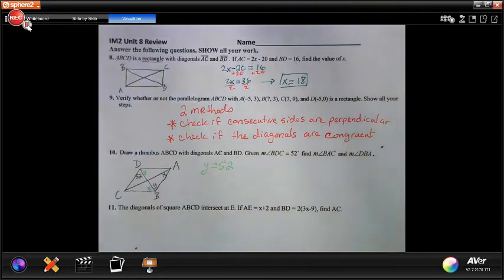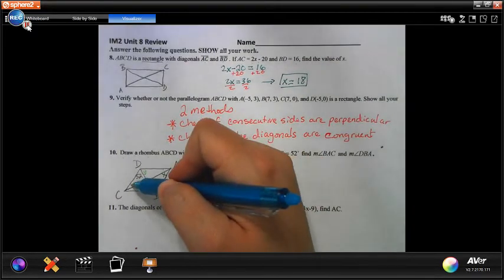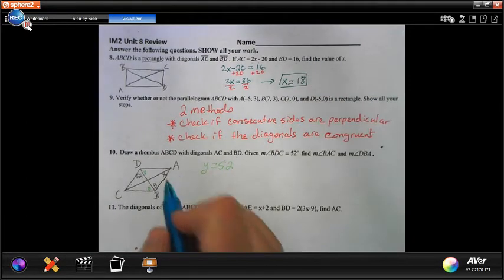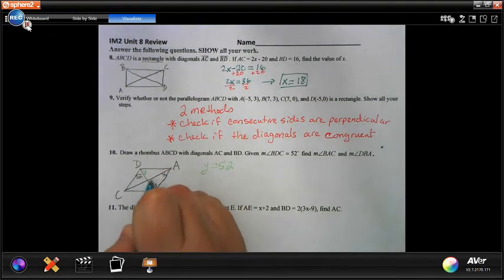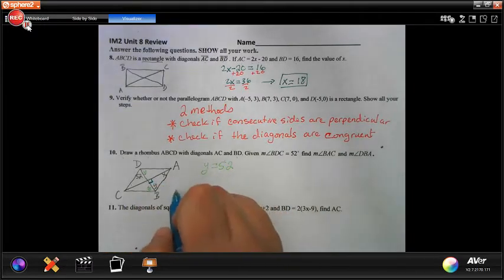Now, for X, a little bit more difficult, because X is over here, and this is x, and this is x, and this is x, and we don't know what any of them are. So we do know that the diagonals are perpendicular, so this is a right angle right here. And we have this triangle here.